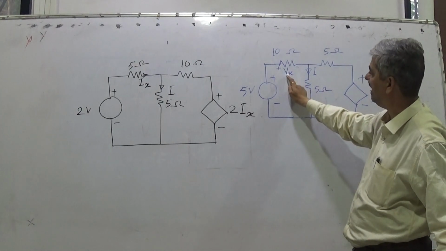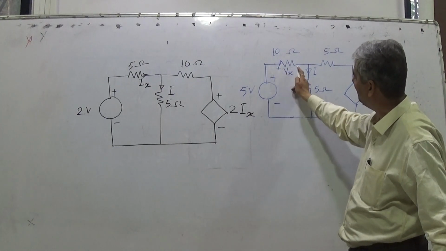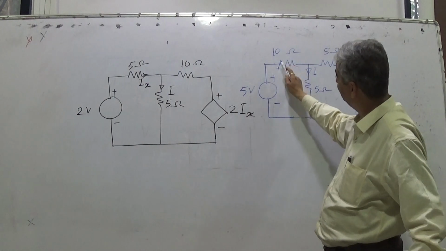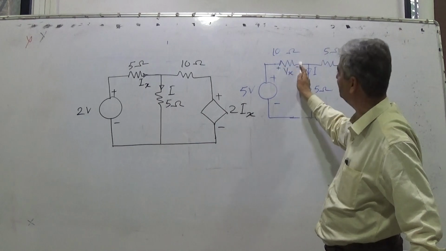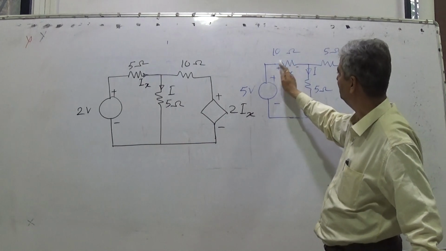Vx is the voltage across this, and this plus and minus is shown so that Vx is to be measured from this to this.